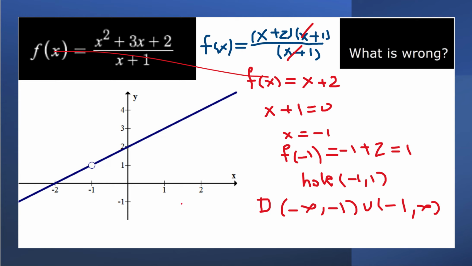If we write this as a piecewise function, f of x equals x plus 2 for x different from minus 1, and 1 at x equal to minus 1. With this piecewise function we can close the hole and the function becomes continuous. That's why we call this a removable discontinuity.